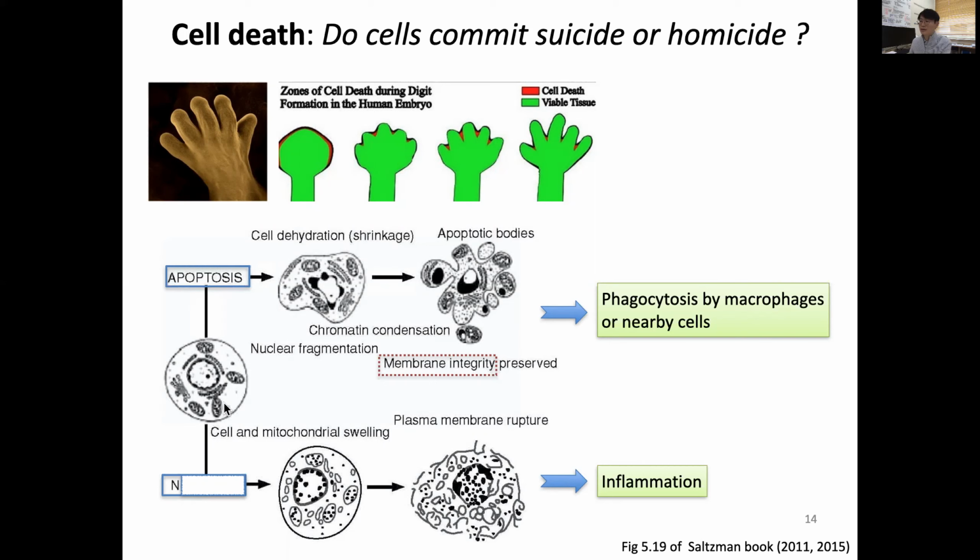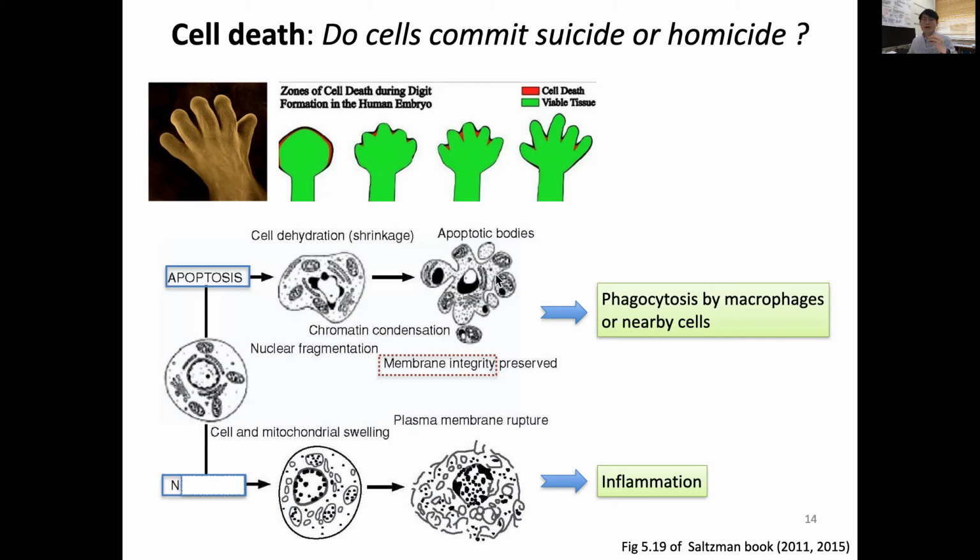So cells can die in different ways. So do they commit suicide or homicide? This corresponds to suicide. The cells dehydrate, cells shrink, and the chromatin inside the nucleus will condense, making a nice blob and then chopping off, called apoptotic bodies.